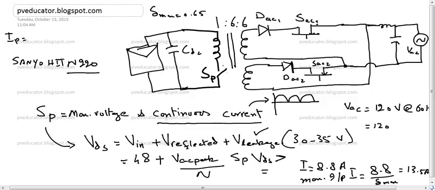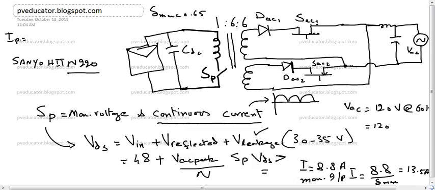But since we have discussed that according to the control scheme of this flyback inverter, the primary current has an envelope of this sinusoidal waveform. Therefore IP should have a factor for the sinusoidal envelope.